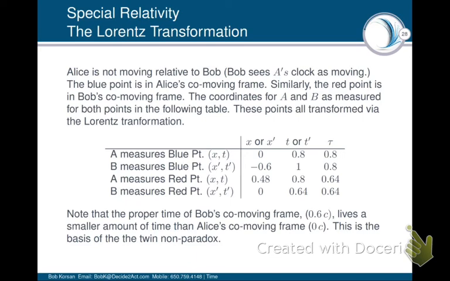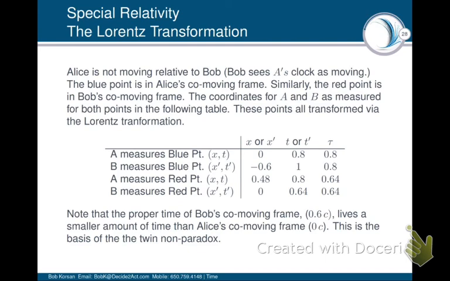So this difference, the fact that any object moving relative to some other observer will measure the proper times to be exactly the same, but the one moving relative, Bob moving relative to Alice's clock, his proper time will be shorter.